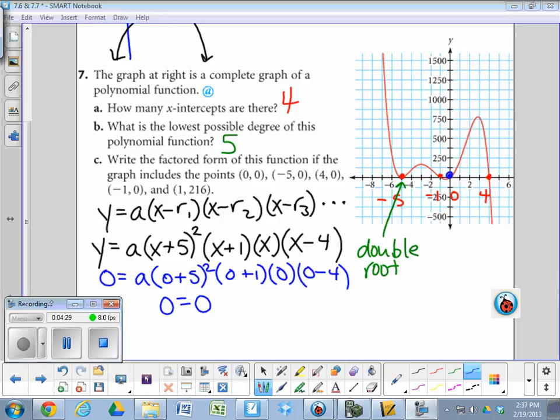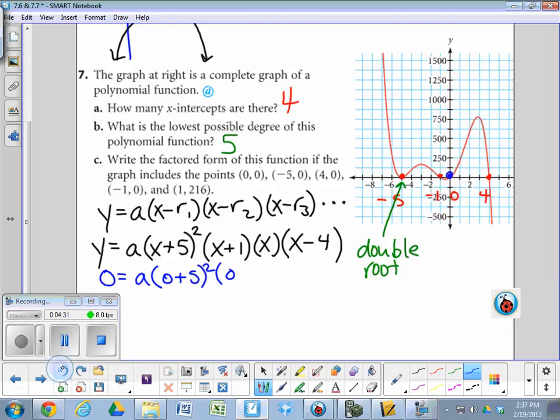So instead, when that happens, you want to look for another point on the graph that you can use. And luckily, they gave us a point right there. They're telling us that (1, 216) is on the graph. So that means when x is 1, y is 216.